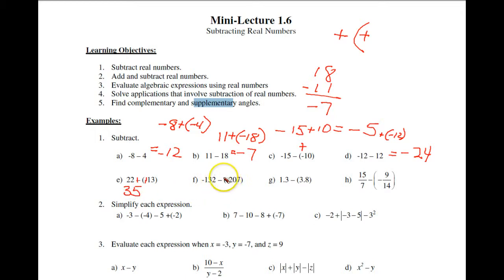And this is the opposite of a negative. And when we subtract that, we get a positive 75.